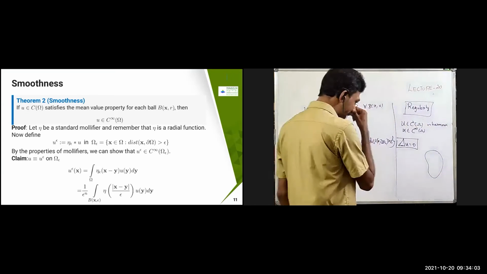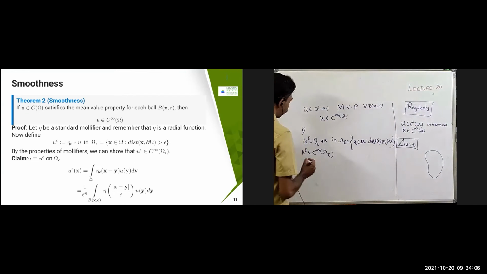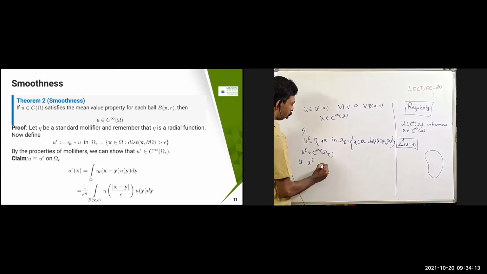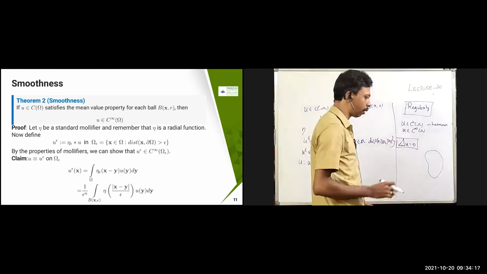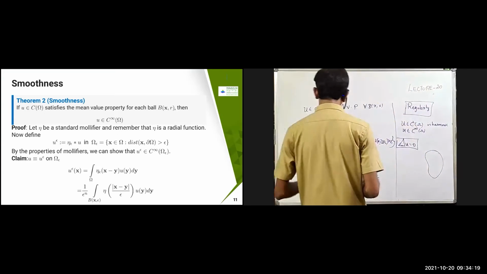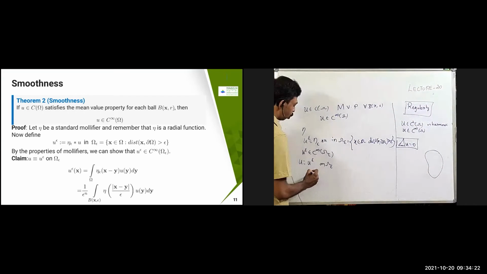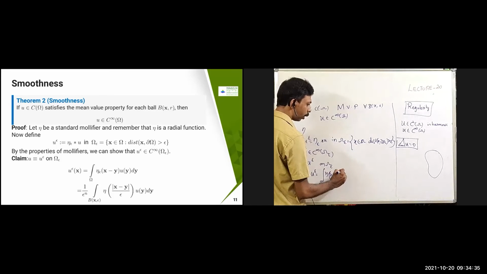Now we have to prove that u is equal to u epsilon on omega epsilon. Then I will extend it further. We know the definition of u epsilon: it is 1 by epsilon power n, integral over omega of eta of x minus y divided by epsilon, into u of y dy.